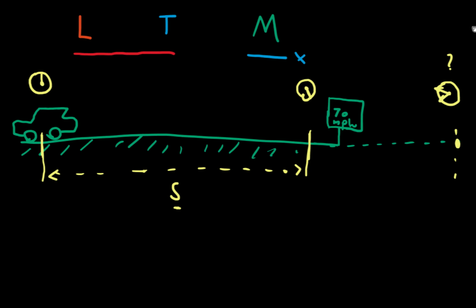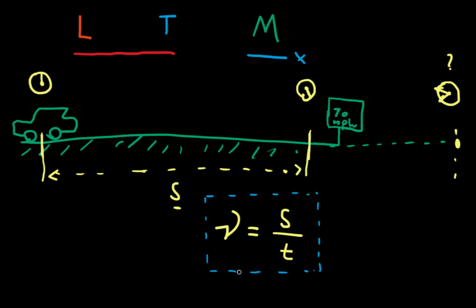So we're going to build speed, and we're going to denote speed by the letter V, and speed equals S, the distance traveled, divided by time. So this is our model for how this car or this object will travel in a straight line.